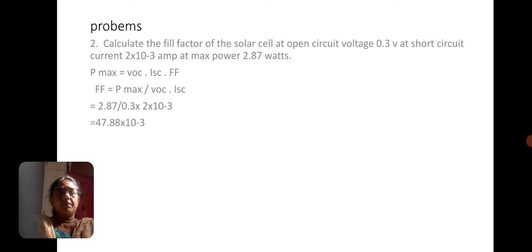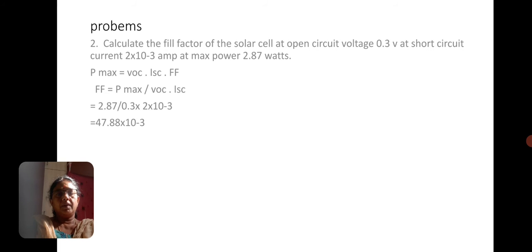The next problem is: calculate the fill factor of the solar cell at open circuit voltage 0.3 volts, short circuit current 2 into 10 to the power of minus 3 amps, at maximum power 2.87 watts.